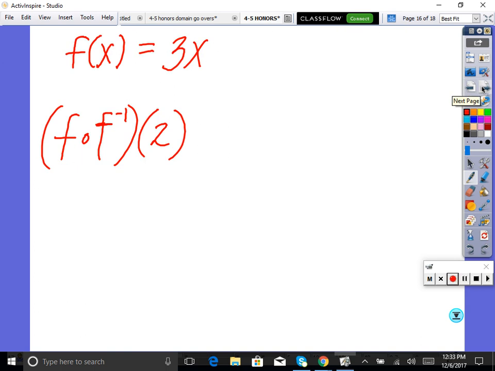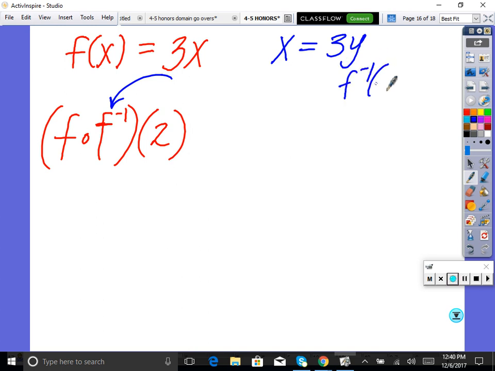All right, see if you could do this one. If I asked you to find f of f inverse of 2, tell me what you do. Ready, set. In this one, we obviously need f inverse, don't we? Let's find that. x is equal to 3y. Solve for y.